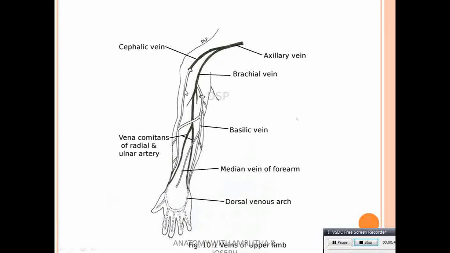Here the superficial veins are the cephalic vein, the basilic vein, and some other veins like the median vein of forearm and dorsal venous arch, whereas the deep veins are the veins accompanying the brachial artery, radial artery, ulnar artery, and the veins accompanying the superficial palmar arch and the deep palmar arch.